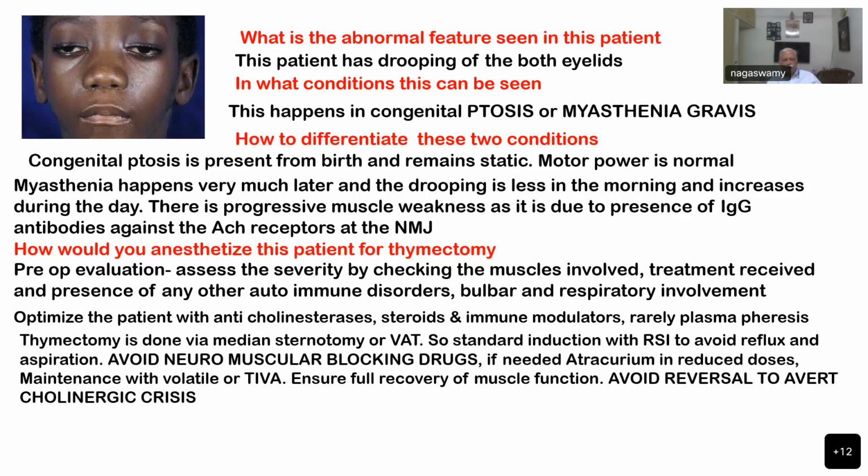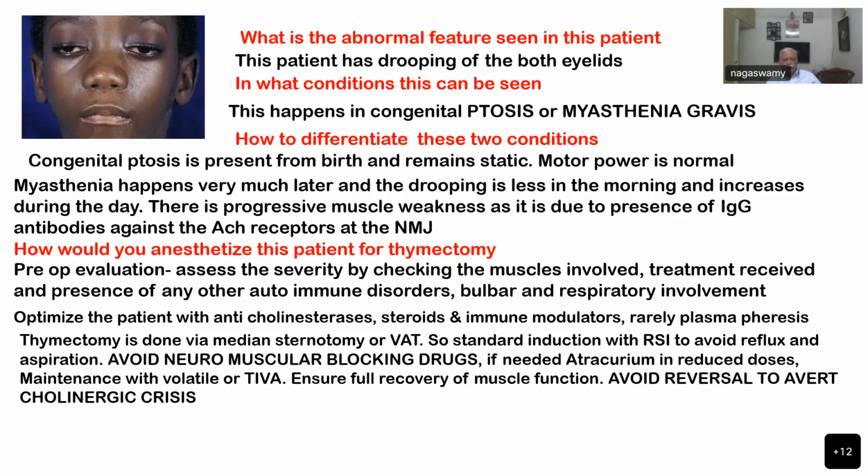So standard induction with RSI. Why RSI? Because these patients can have a reflex when they aspirate. Avoid neuromuscular blocking drugs. If needed, you can give atracurium in reduced doses because that can be easily reversed. Maintenance with volatile or TIVA is the method because we are not going to use neuromuscular blocking drugs.